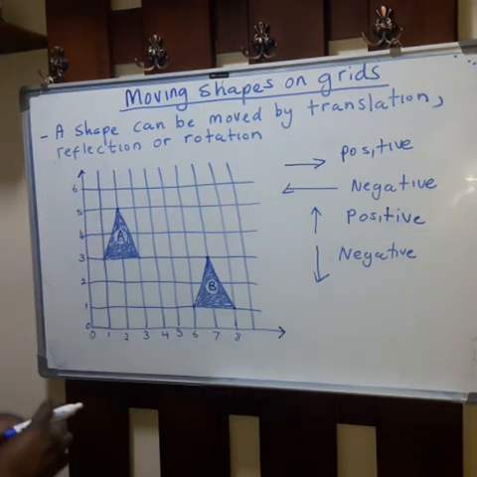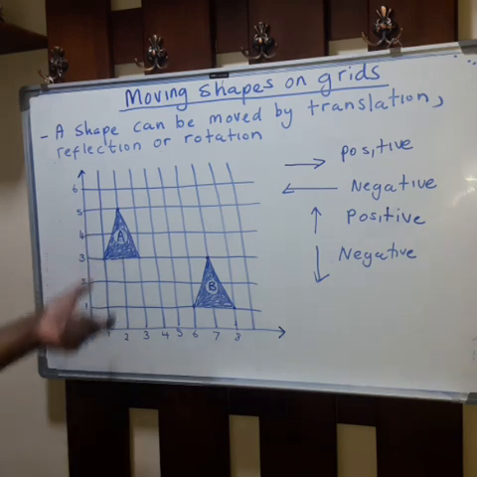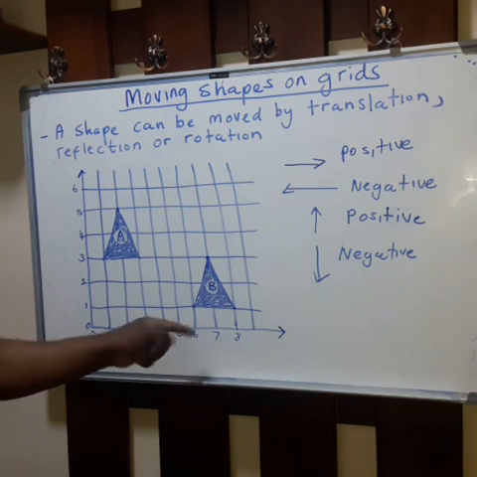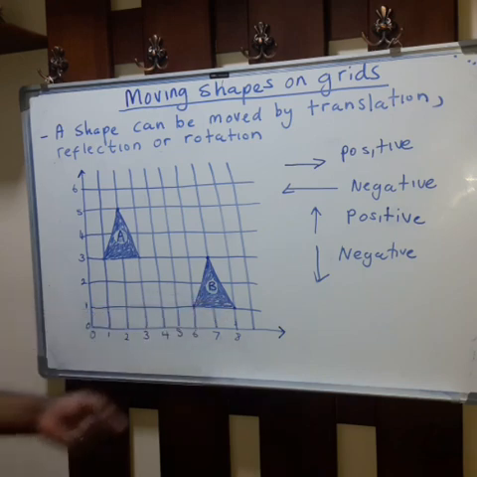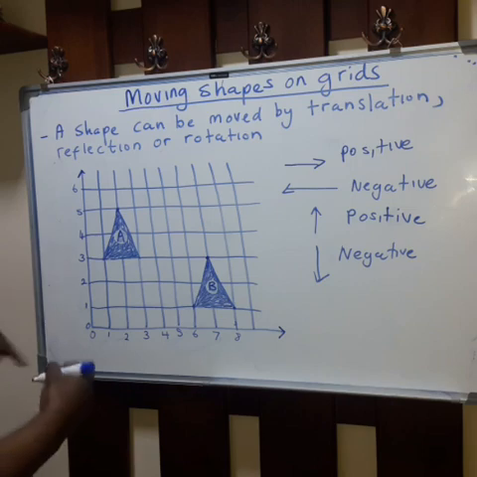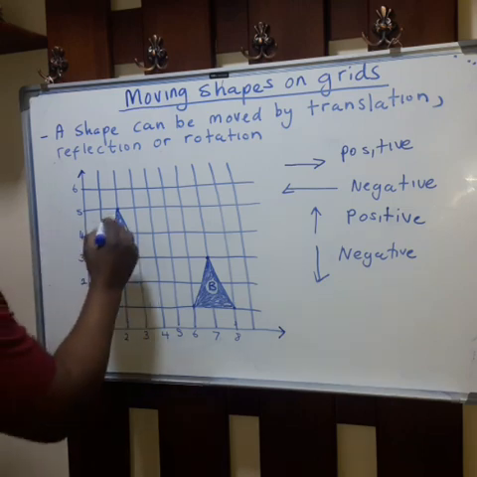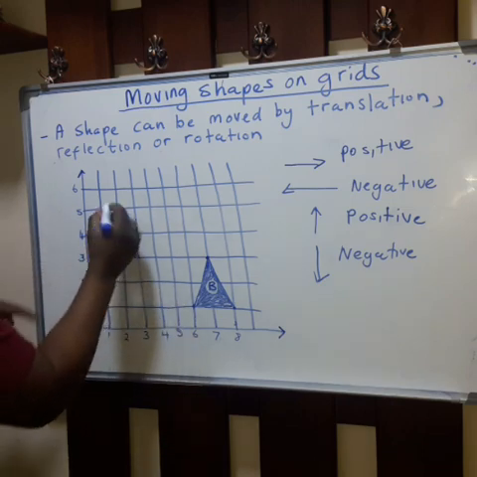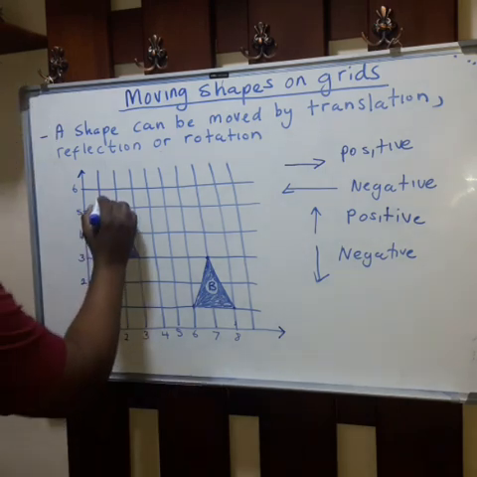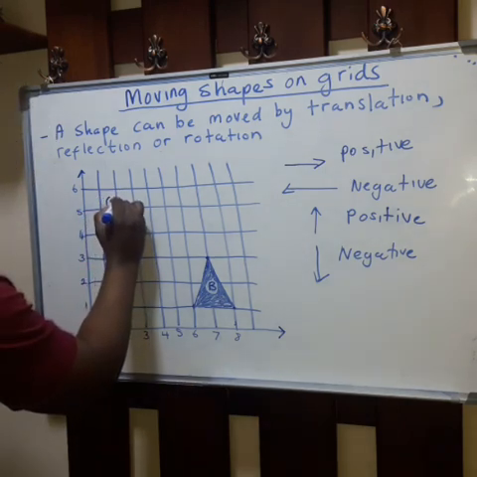So in this case, we want to find out how shape A moved until it arrived at position B, okay? So we need to plot the coordinates. Initially, let us first give shape A its coordinates. This top part is, remember you have to start with the x-axis first. So in brackets, I've got 2 here.